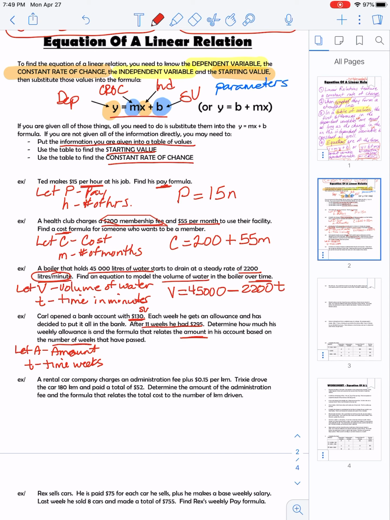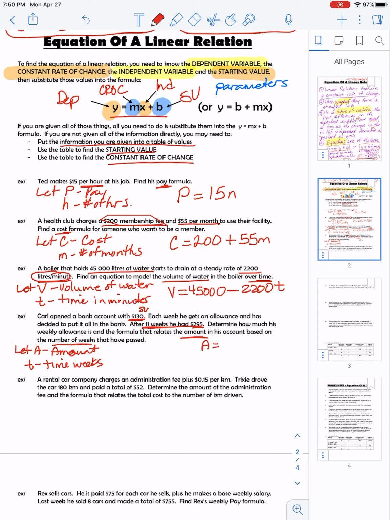Now, I'm going to start the formula, but I can't finish it because I don't know what the weekly amount is that he is putting into his account. So I don't know what the rate of change is. I know that after 11 weeks, he had $295, but I don't know what that is per week.